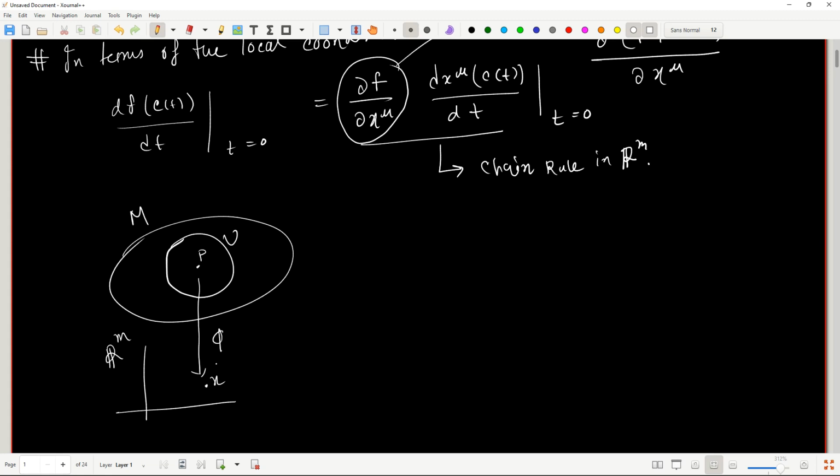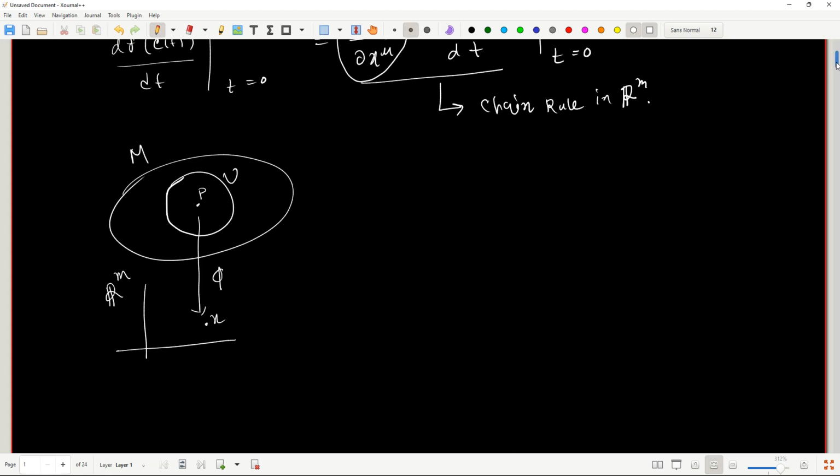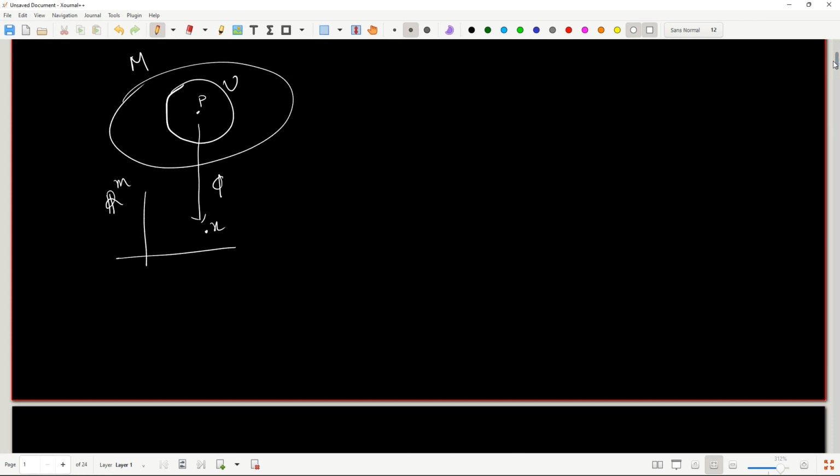So this phi inverse actually takes the elements of Rm to p. We were using simpler notation, but in terms of the charts, this is how you write it. But we'll work with the simpler notation because that will make our work much easier.